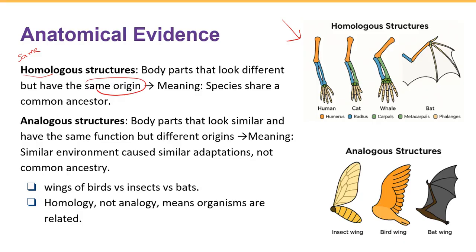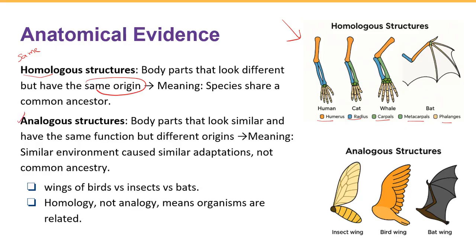They all have similar bone structure: humerus, radius, carpals, metacarpals, phalanges. Even though they are used differently, like humans grab, cats run, whales swim, and bats fly. This tells us that these animals came from a common ancestor a long time ago.